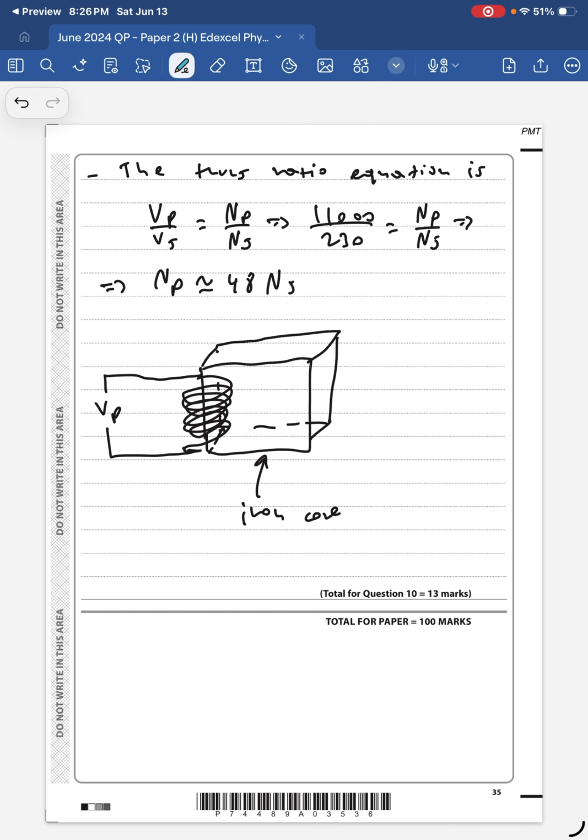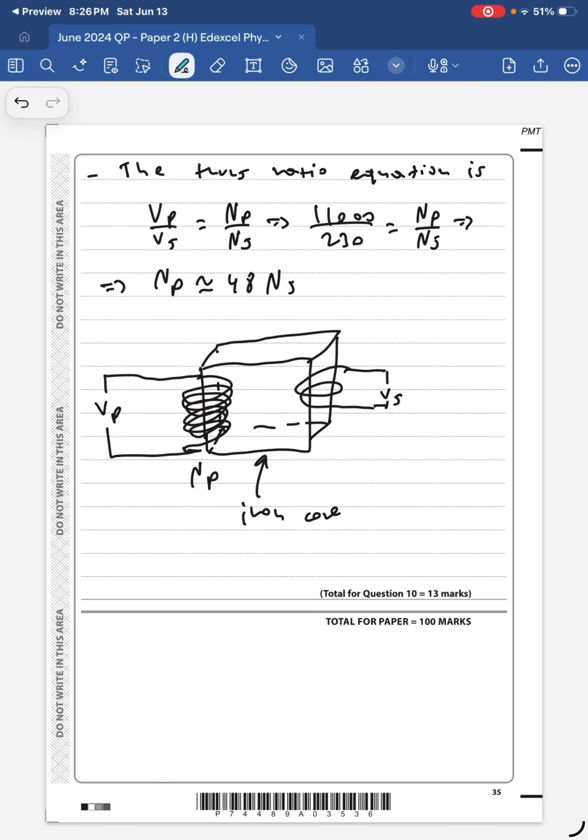Okay, so this is the primary, so NP, and then the secondary will be smaller, and you will get the secondary voltage there.